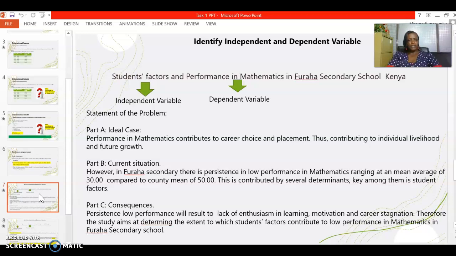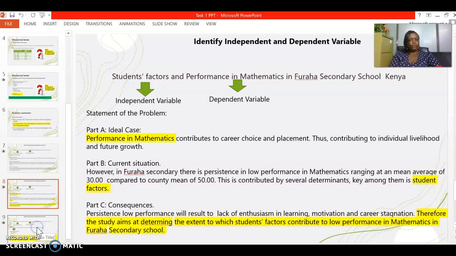So you realize the three sections we have given an example: the ideal case, the current situation, and the consequences. And that is what is required of you in the second part of task 1, where you're expected to state the problem. So you can see from the slide that performance in mathematics contributes to career choice and placement.